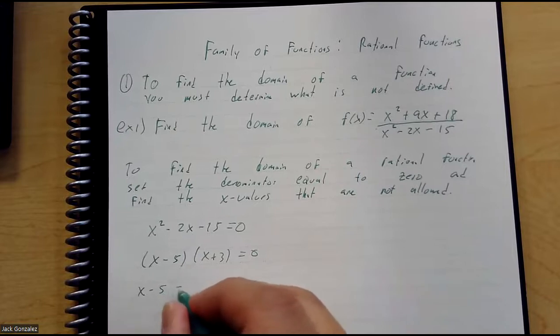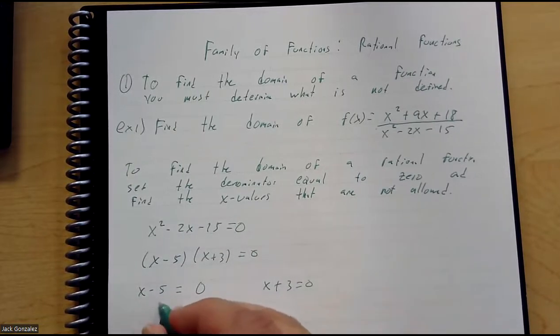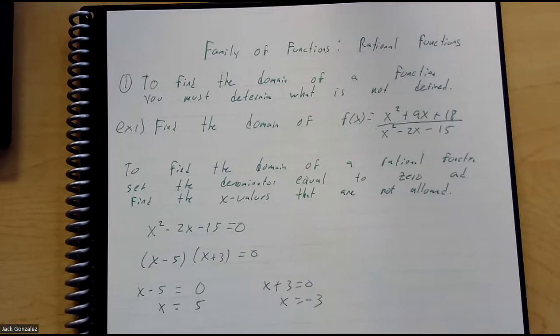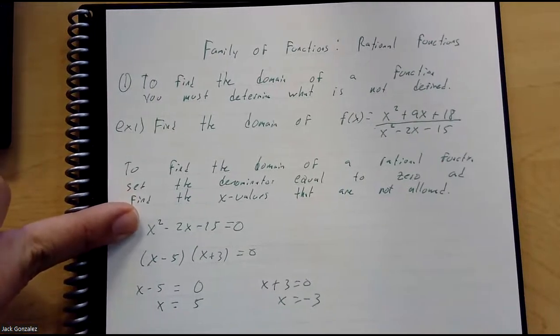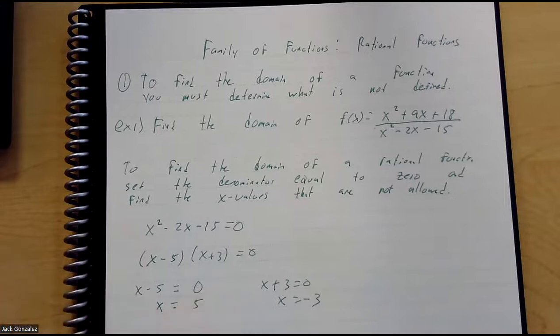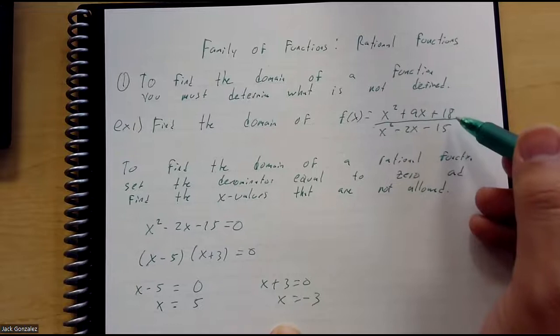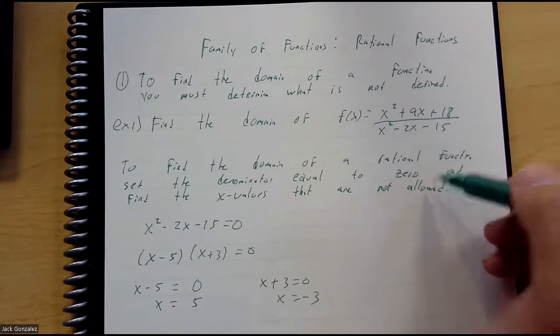So x minus 5 equals 0, x plus 3 equals 0, x is 5, and x is negative 3. Those are the two values that you cannot use, because we asked the question, when is this equal to 0? Well, that's when x is 5 and x is negative 3. That causes problems for the rational expression. So you're always going to ask that same question: where's the bottom 0?